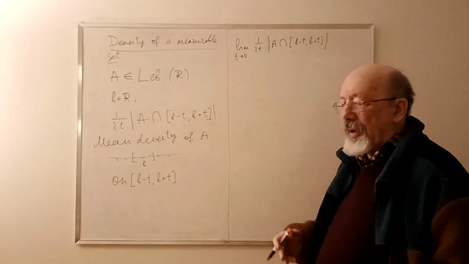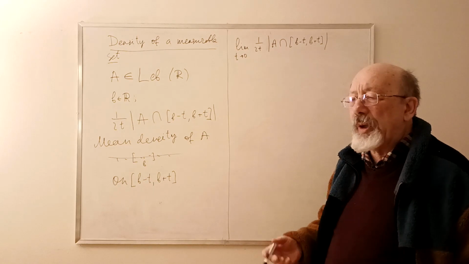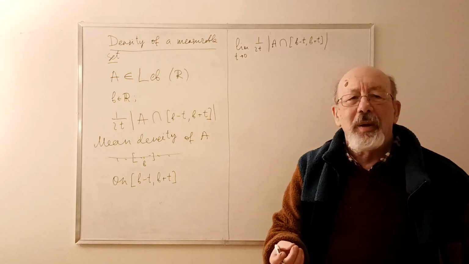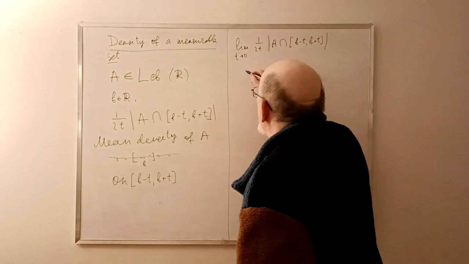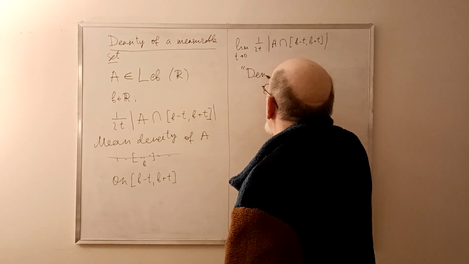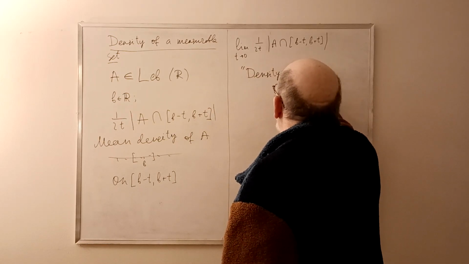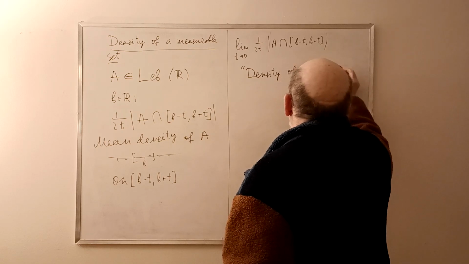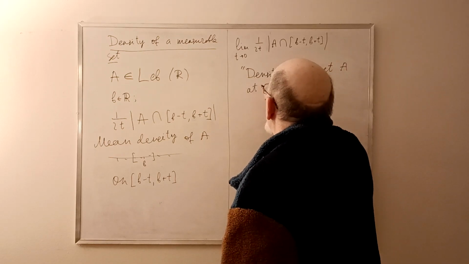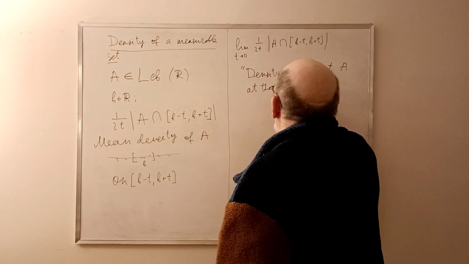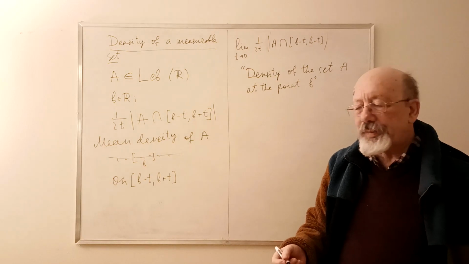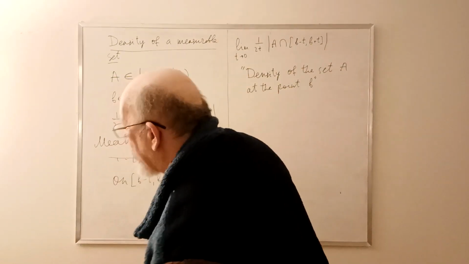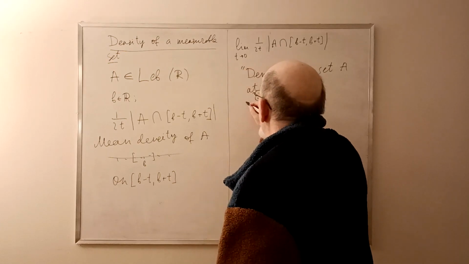If this limit exists, then it is natural to call it the density of the set A at the point b, if such a thing exists.